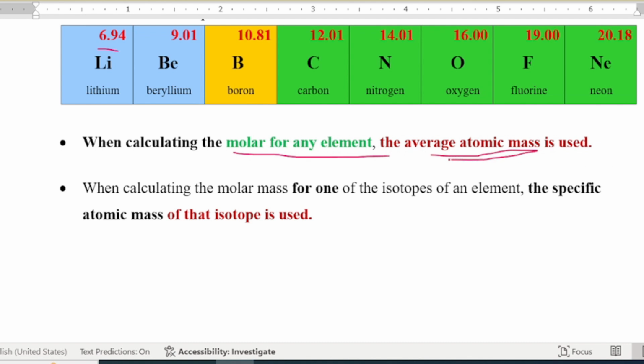When calculating the molar mass for one of the isotopes of an element, the specific atomic mass of that isotope is used. If I want to know the molar mass, say for carbon-14, I'll have to use carbon-14. Okay? But if I want to find the molar mass of carbon that's occurring in nature, we'll have to use 12.01.